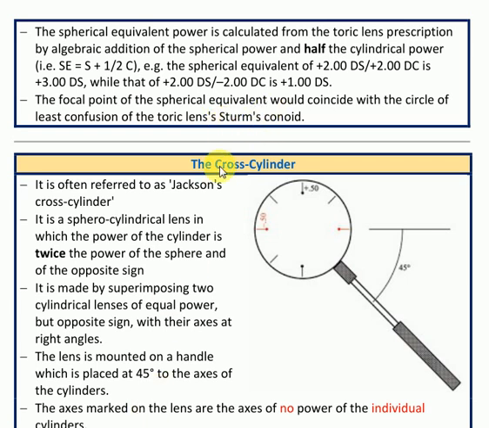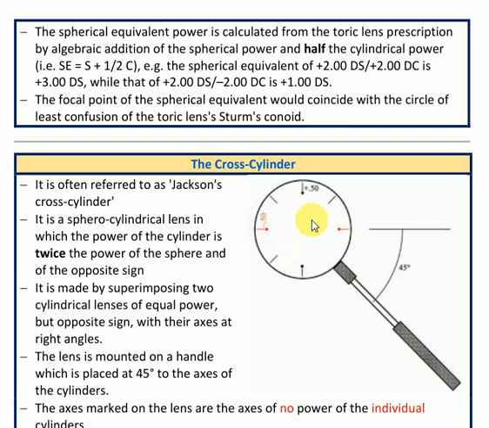The last topic is the cross cylinder. This is a type of toric lens. It is used during refraction to check the orientation of the trial cylinder, to check the axis, and to check the power.